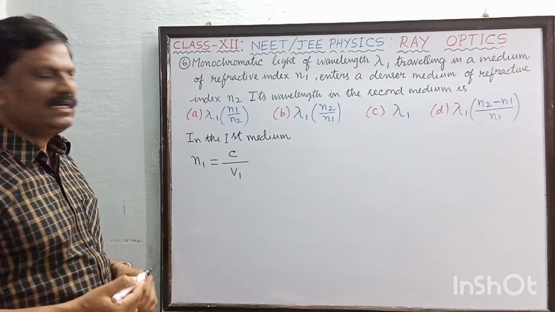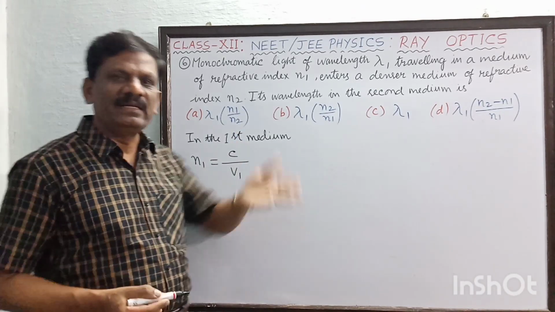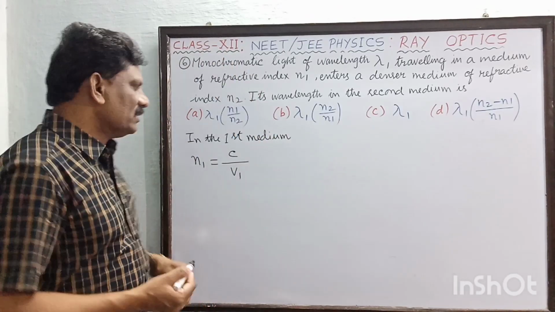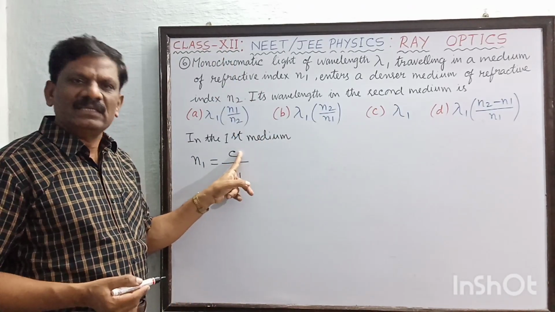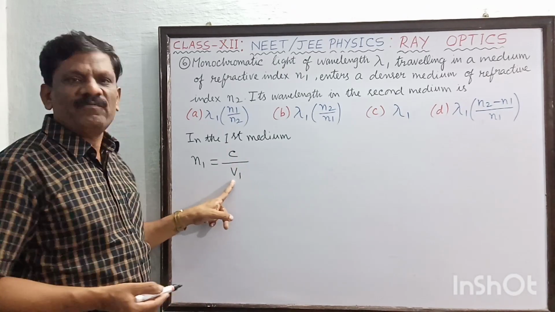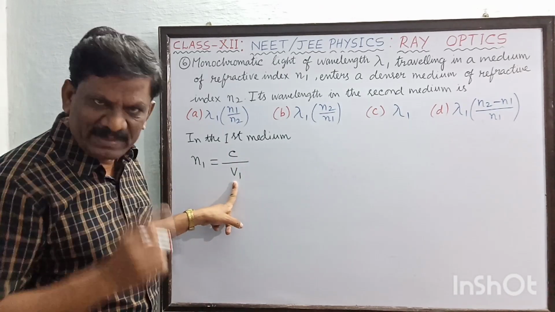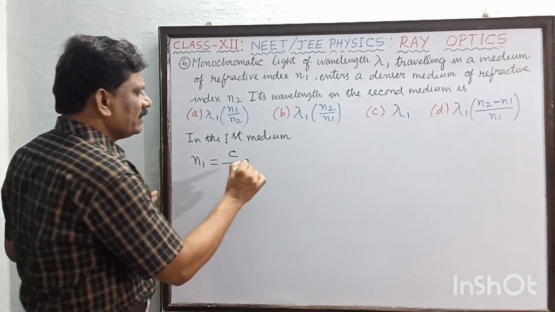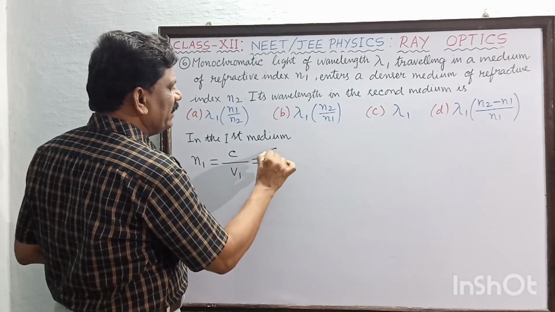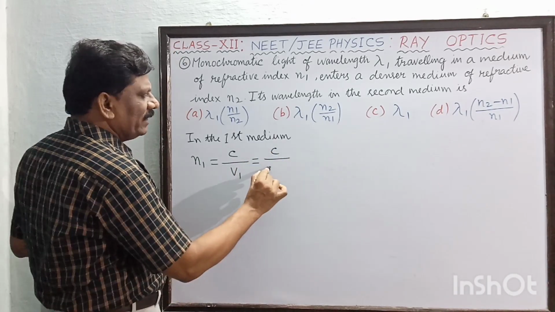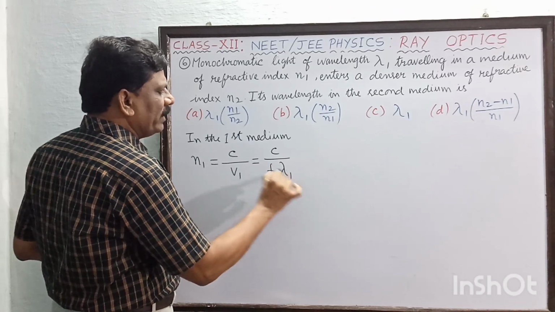We have been studying this expression right from class 10th. So c is the velocity of light in vacuum divided by v1, the velocity of light in the first medium. This is once again written as c divided by f into lambda 1.